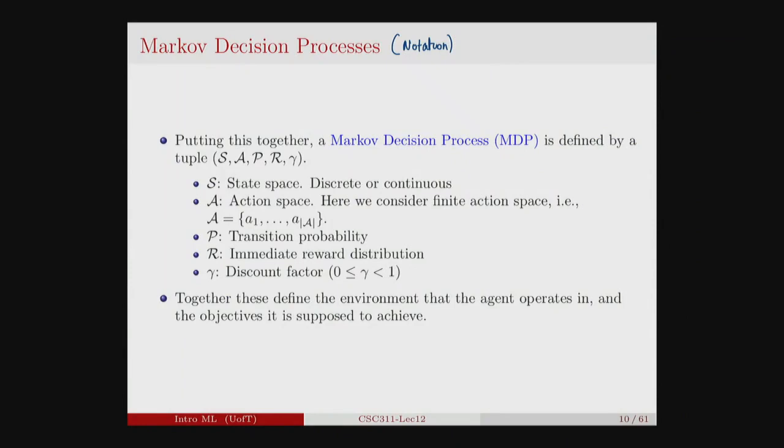And so it's been a bit dry for the last 10 minutes as we've been going through a bunch of notation, but the reality is this is what you need to know for a Markov decision process.